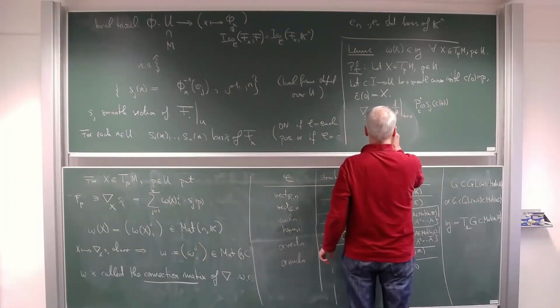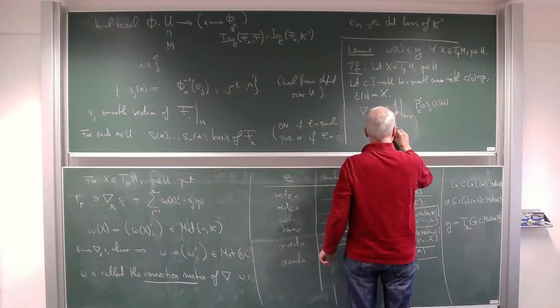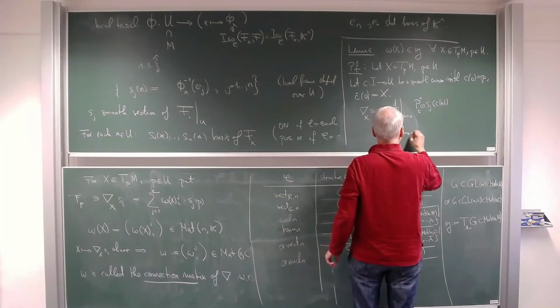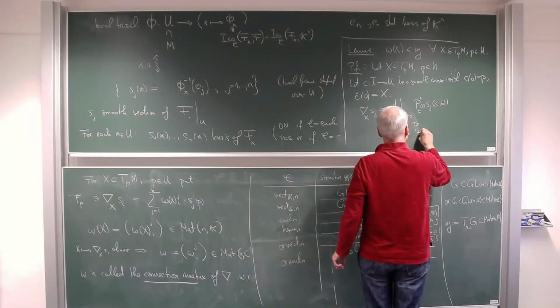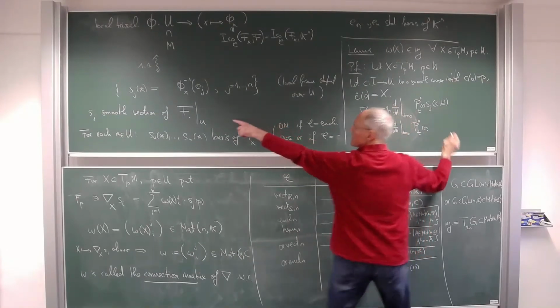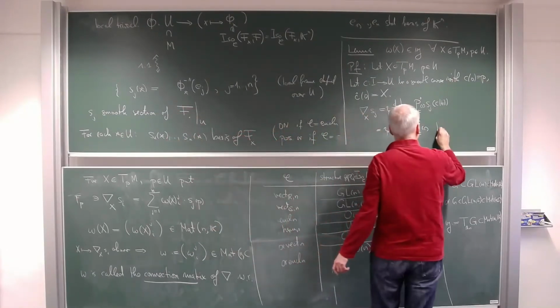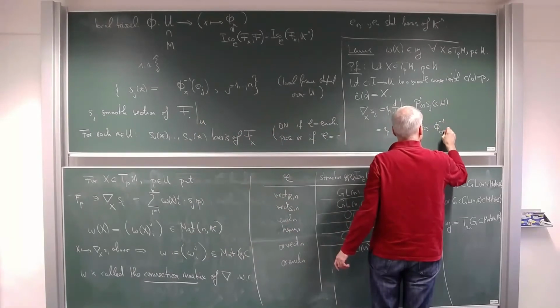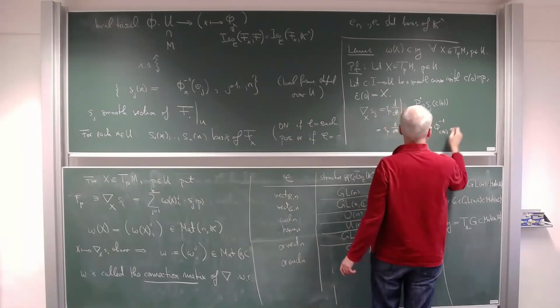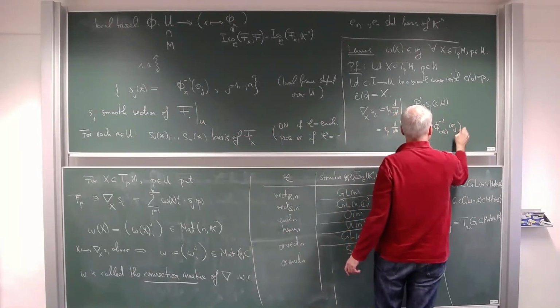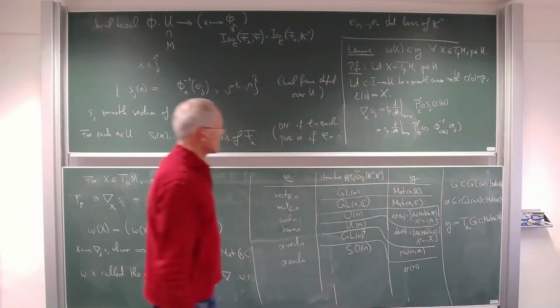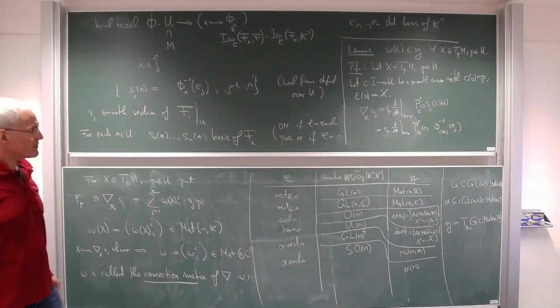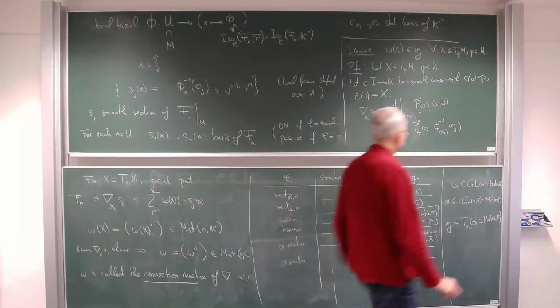So this is iota p ddt at t equals 0, parallel transport from t to 0 of, and here we have phi to the minus 1 at c of t applied to ej. That's what we have on the one hand.